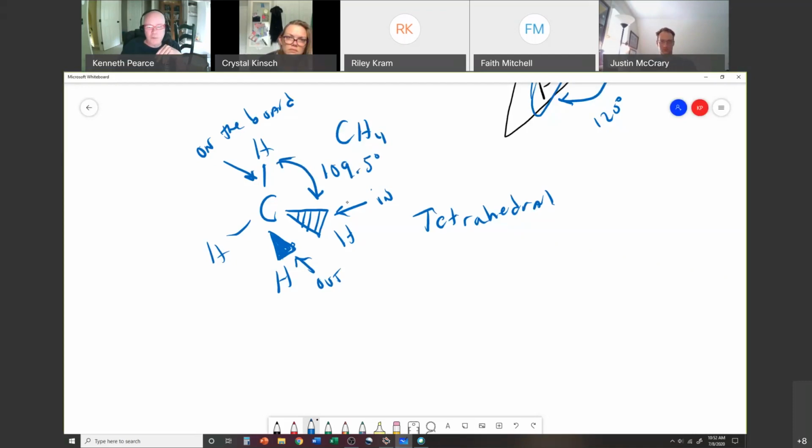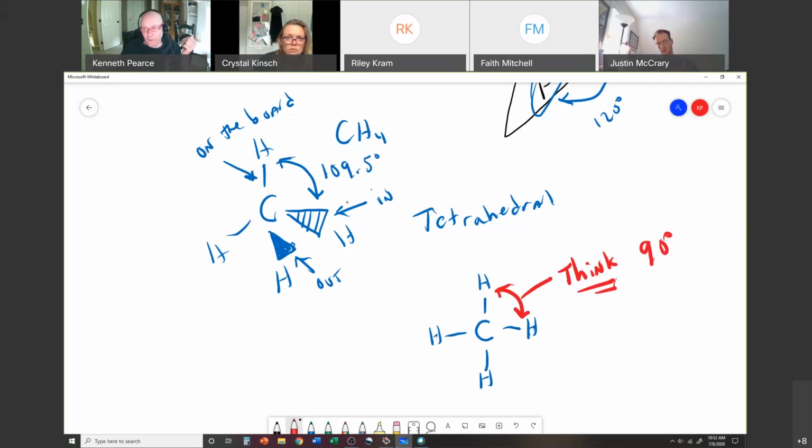Okay, now you have to be very careful. When we did the Lewis dot structure, what did we get? We went north, east, south, and west, right? And this is where you've got to be careful with the Lewis dot structures versus the actual solid physical shape. Looking at this, you would think 90 degrees, wouldn't you?